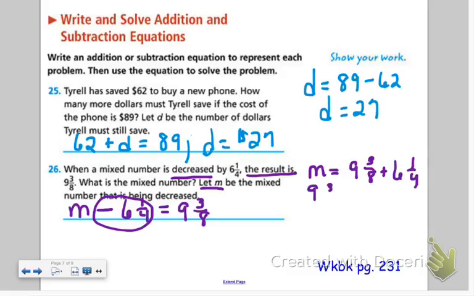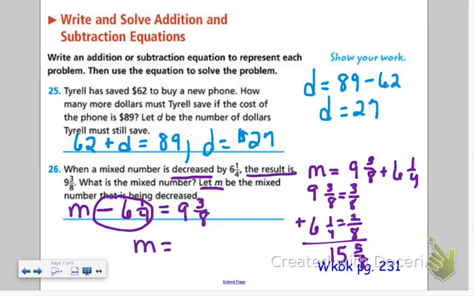And of course I'm going to have to work that out. 9 3/8 plus 6 1/4, common denominators. And 3/8 plus 2/8 is 5/8. And 9 plus 6 is 15. So 15 5/8. M is equal to 15 5/8.